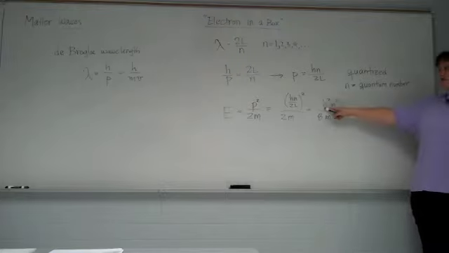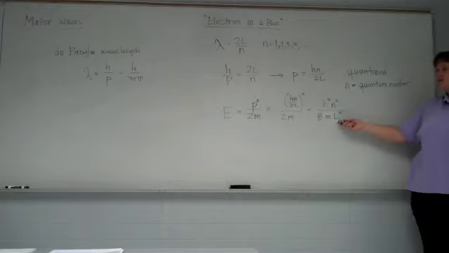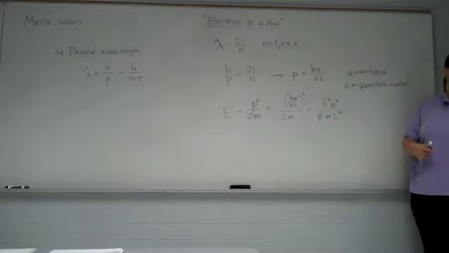So h is just our constant, n is the quantum number, it's 1, 2, 3, 4, 5, and so forth. L is the dimension of your box, which you can think of in terms of orbitals if you'd like. And m, if you're talking about your electron, is the mass of your electron. So there are very specific energy levels that that electron can have within that atom.